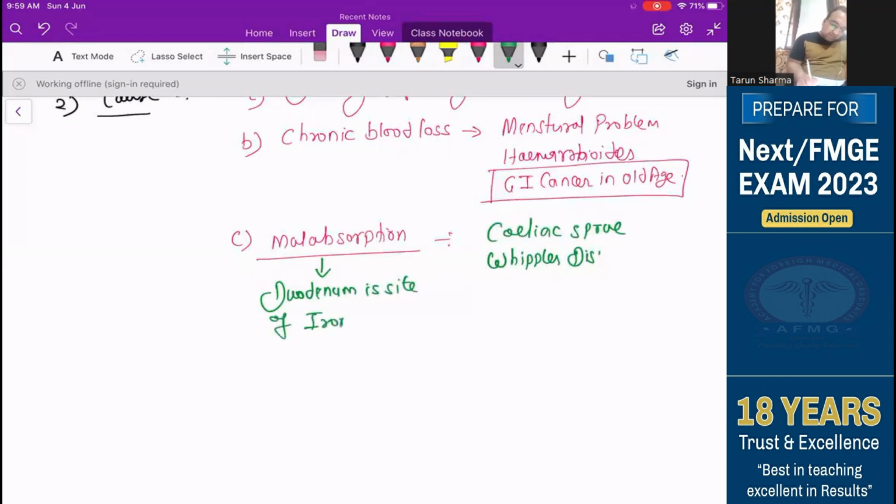So any disease which affects the duodenum is going to affect iron absorption also. That's why celiac disease and Whipple's, both of these diseases usually affecting the duodenum of the GIT, will lead to an iron deficient state, because there will be malabsorption of iron whenever celiac and Whipple's are there. So duodenum is the site of iron absorption.